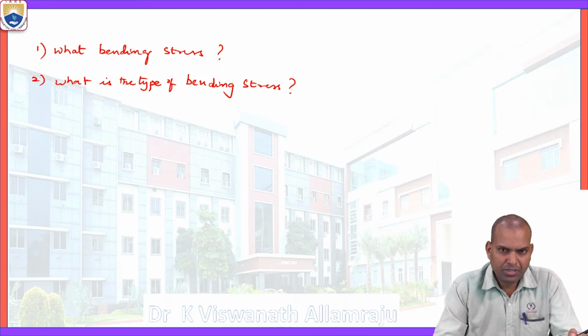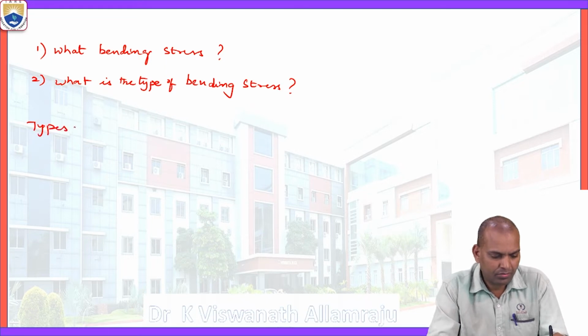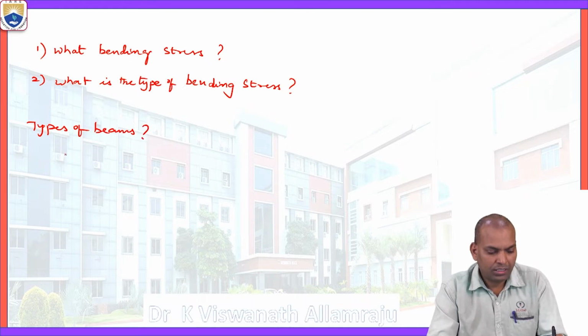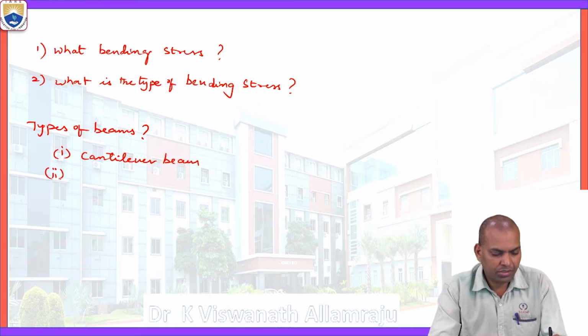There are various types of beams. Number 1, cantilever beam. The second type is simply supported beam.